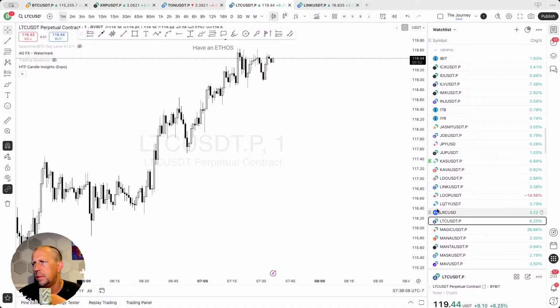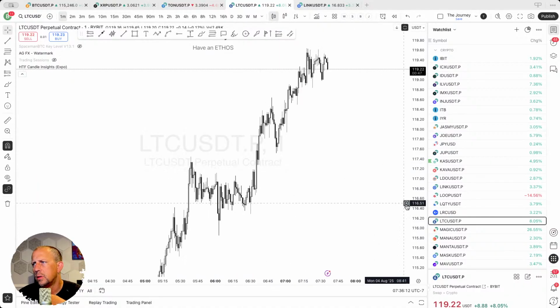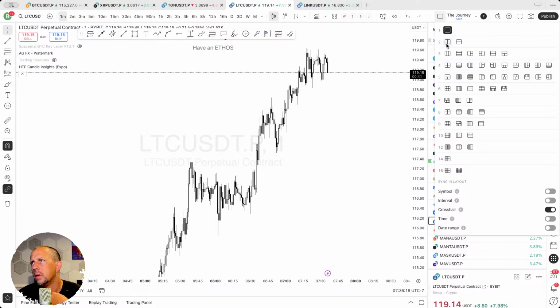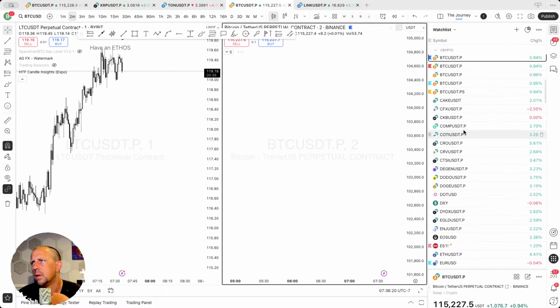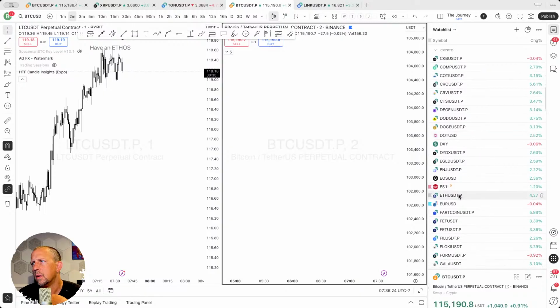LTC. Well, I mean, they're pretty similar, though. As far as strength goes, they're looking pretty similar. You want to know why it's stronger than ETH? Okay.